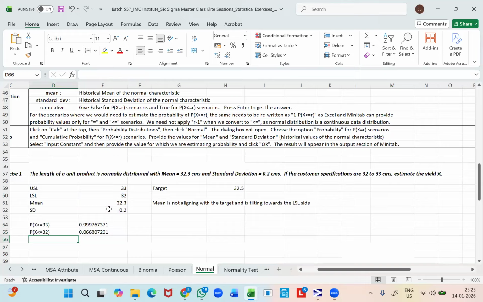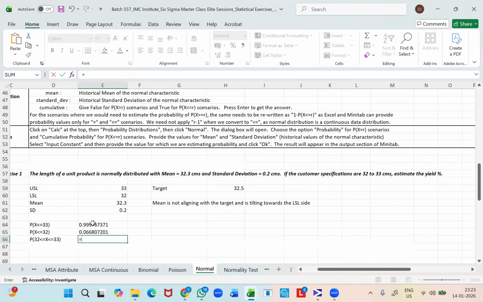Now I can find the area between 32 and 33, P of 32 less than or equal to x less than or equal to 33. Just subtract these two values. You'll get the yield rate, and round this off to 4 decimal places.